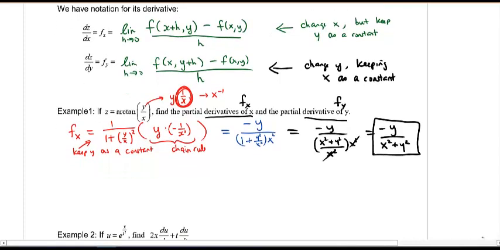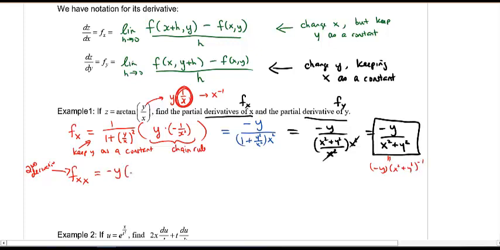By the way, if you're curious what the second derivative would be, that would be f sub x x. I know I didn't ask you for it, but I thought I'd just show you anyway. You would take the expression here, keeping x as a variable and y as a constant, and find the derivative as well. The negative y would be a constant. I can rewrite this as negative y times x squared plus y squared to the negative 1.